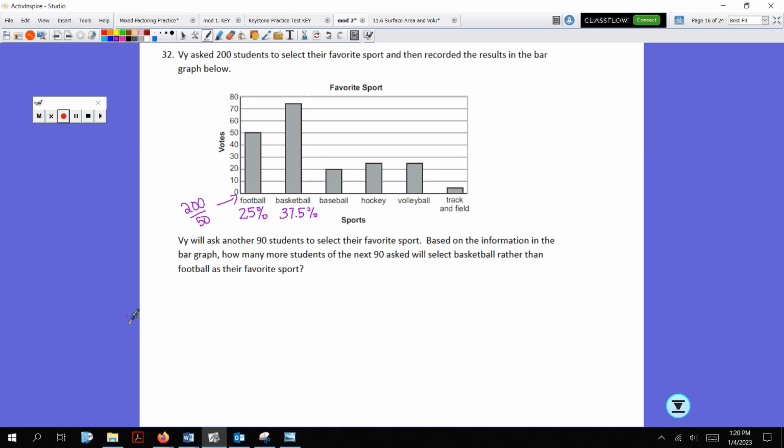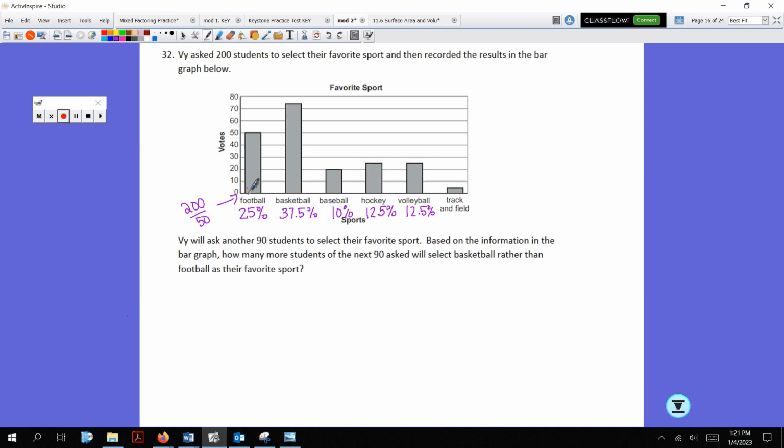All right, so 20 out of 200, that's 10%. Hockey was 25 out of 200, which is 12.5%. Volleyball is the same thing. And track and field was 5. You can see that this is in between 0 and 1.